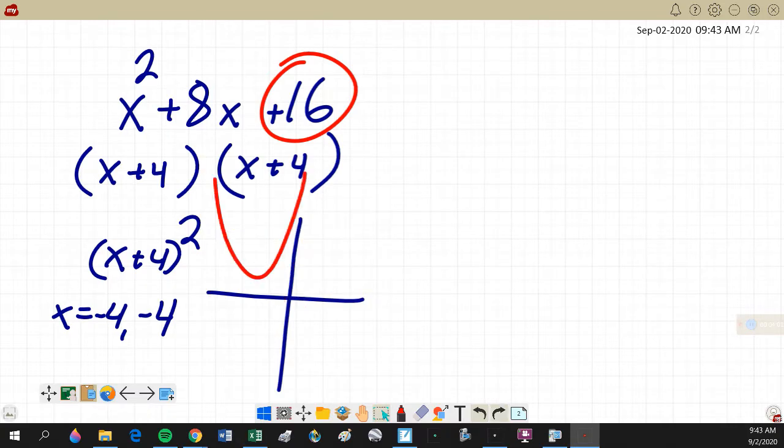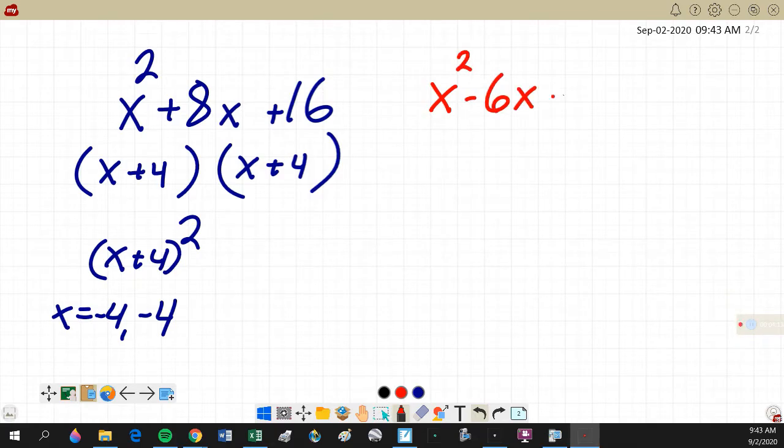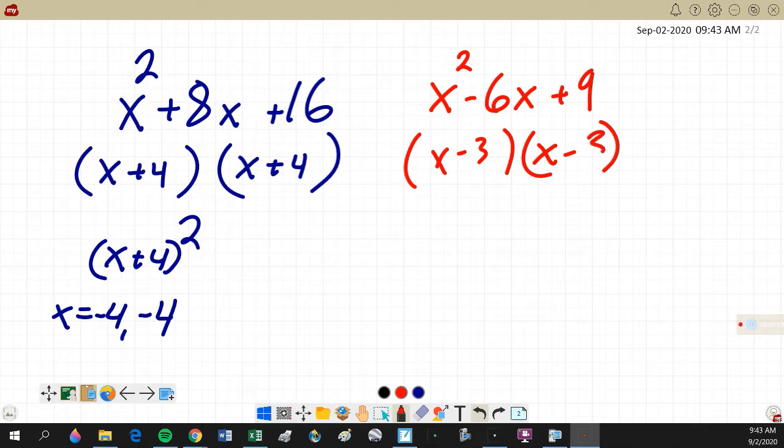Okay. What about x squared minus 6x plus 9? That would factor into x minus 3 and x minus 3. Okay?